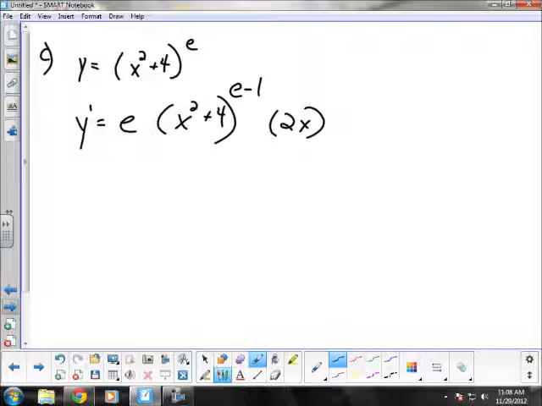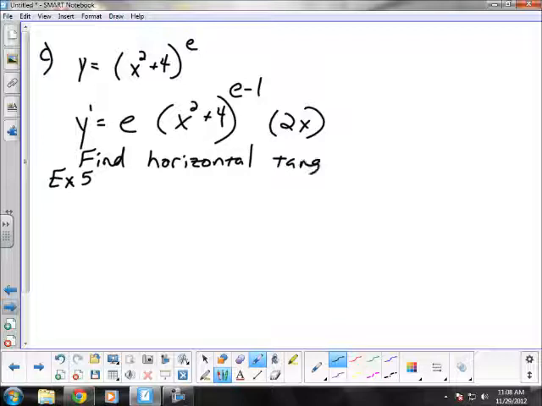Alrighty then. So, example 5. We want to be able to actually find horizontal tangent lines. Now we've talked about finding equations of lines a whole lot, but why do we ever find the horizontal tangent lines?